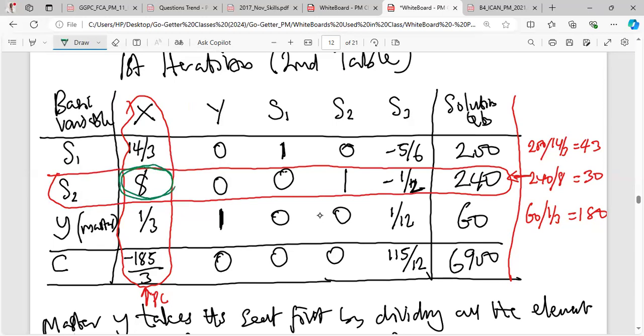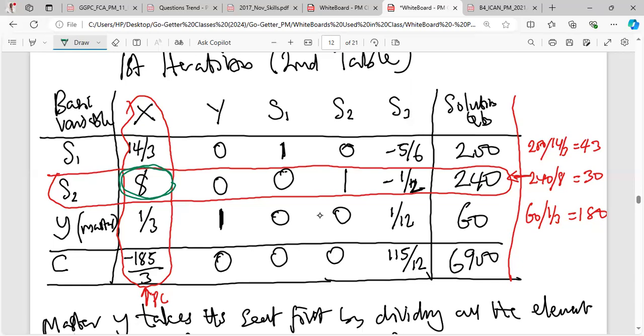So in the new table, X will now be the master. Y will no longer have master in it. X will now be the master. And this place where 8 was will be 1. And every other thing under, beneath, or above it will be 0.